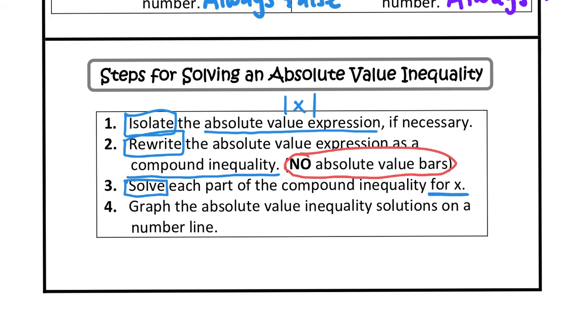Solve for x. And then the last thing we're going to do is graph the answers. So get the absolute value by itself, isolate the absolute value, rewrite into a compound inequality, solve for x, and then graph the solutions.